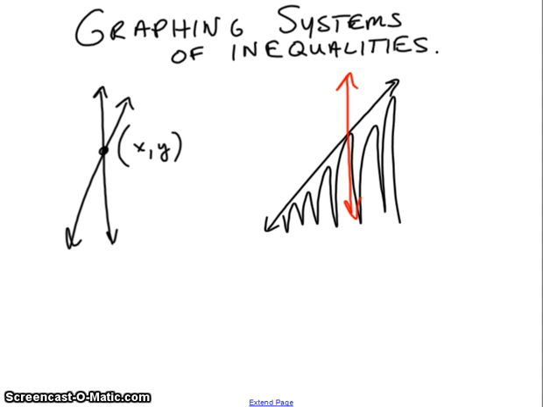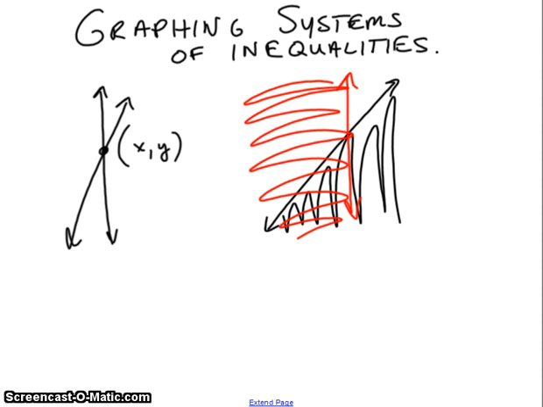We shade both of them and determine where they intersect, just like we determined where two lines intersect here. Our final result will be the region that gets shaded twice, this blue region here. So let's look at a couple examples of graphing systems.